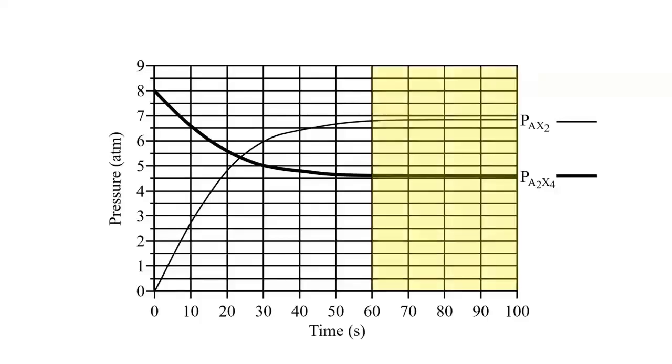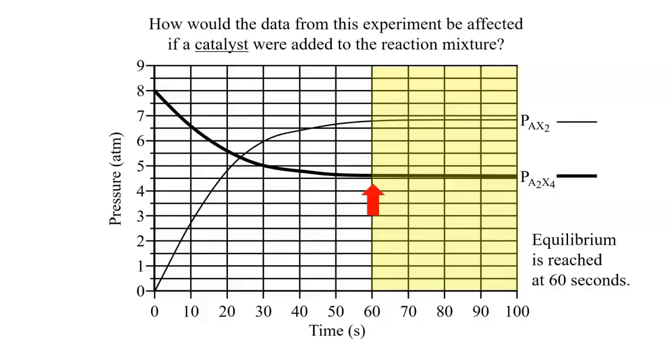From 60 seconds in this graph, the pressures of the reactant and the product remain constant over time. I'm using this as an example to talk about a visual for what happens if a catalyst were added to a reaction. So equilibrium was reached in 60 seconds.